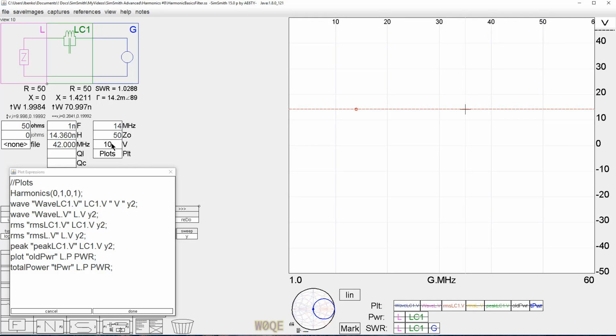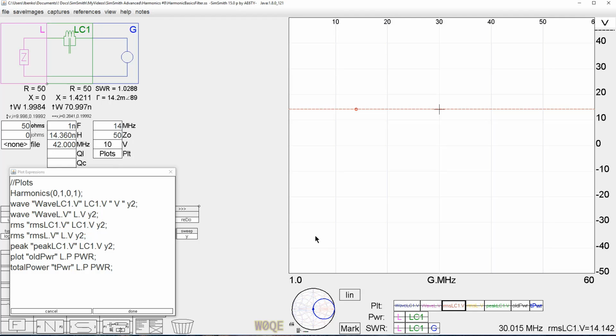It's a 10 volt RMS signal at 14 megahertz, and it's a 10 volt RMS signal at 42 megahertz in the non-swept case. But in the swept case, let's pick right here. At this point right here, this is a 30 megahertz 10 volt signal and a 90 megahertz 10 volt signal.